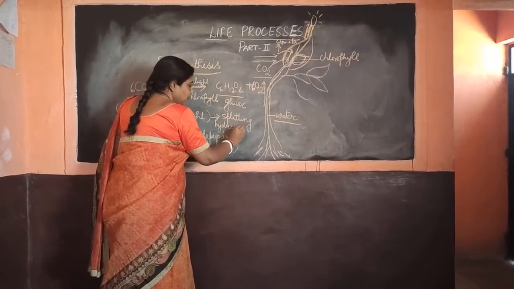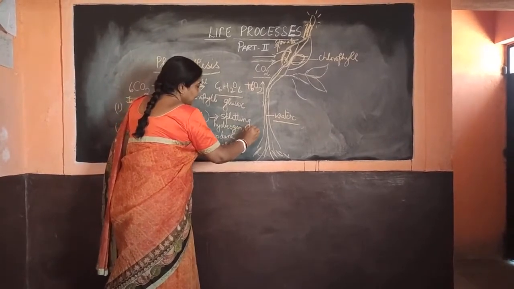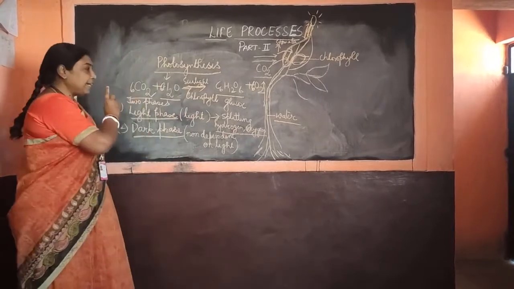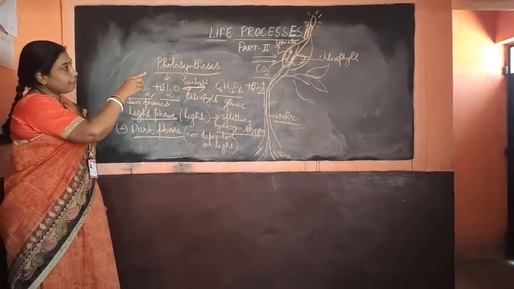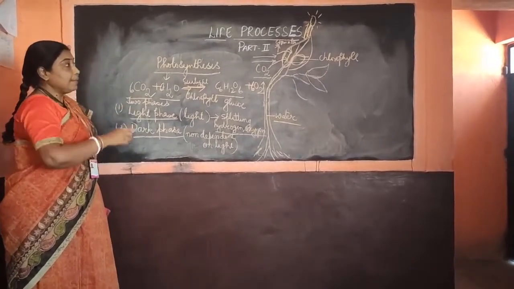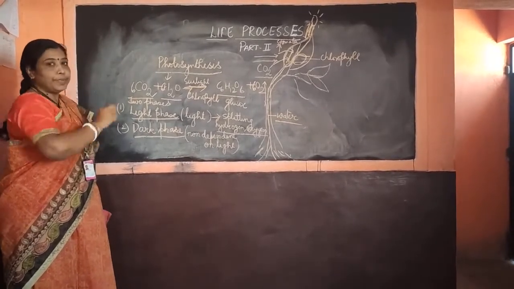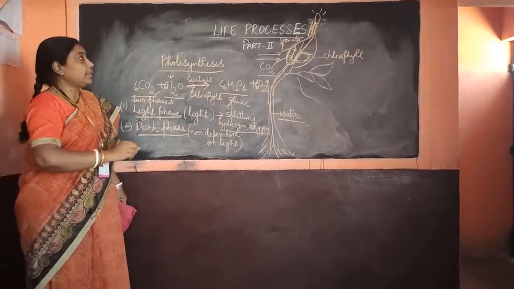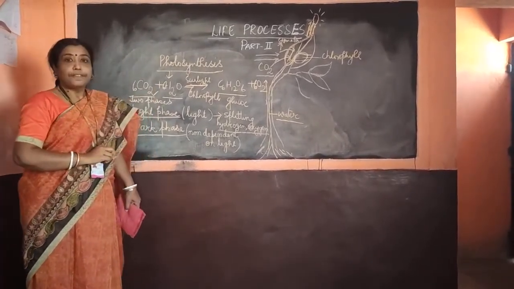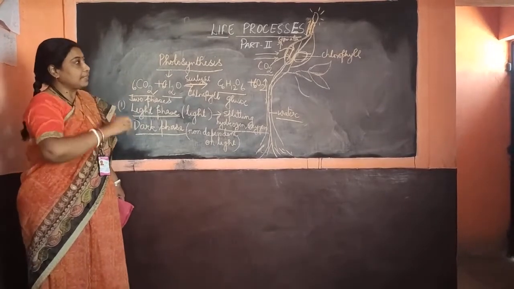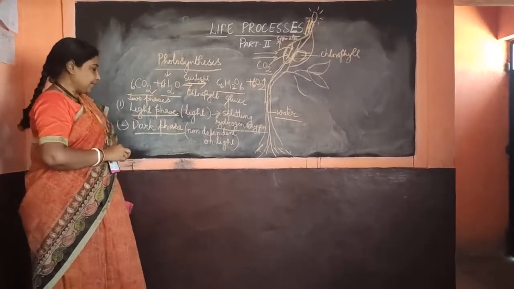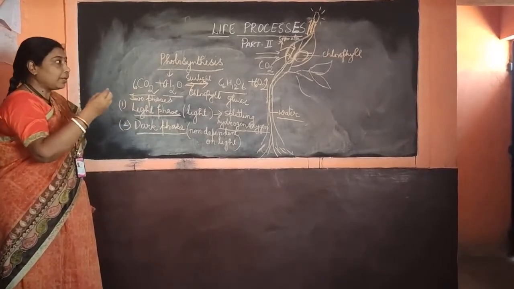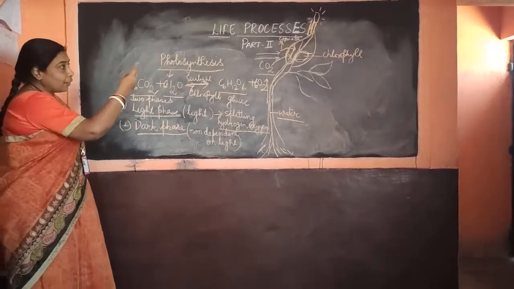It is splitting the water into hydrogen and oxygen. So this phase is known as the light phase because the water which is there in the leaves needs to be broken into hydrogen and oxygen, and that can be done only in the presence of sunlight when it gets converted into chemical energy.